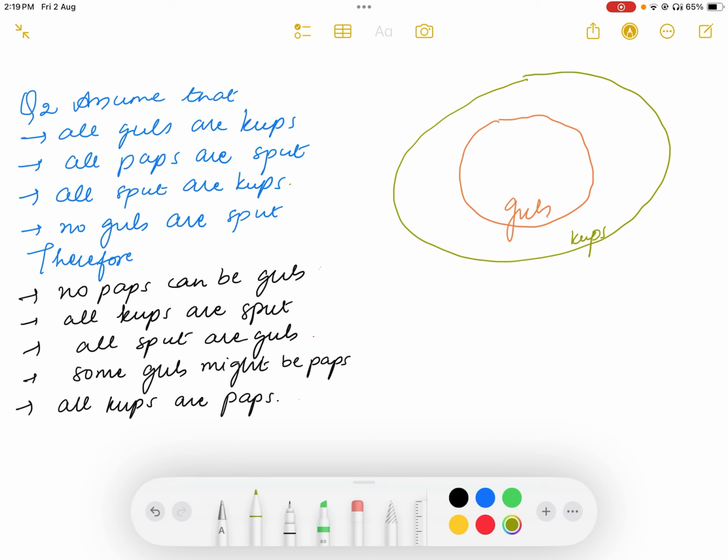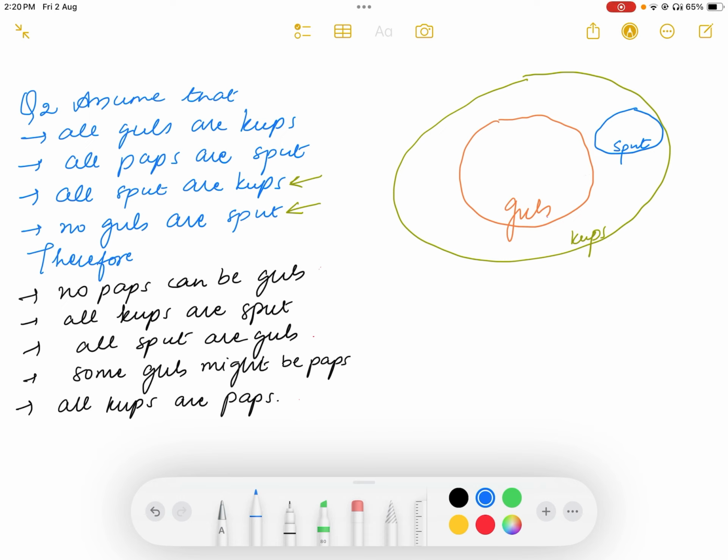No gulls are sput, that means there is no interference between gulls and sput. So sput is going to be an absolutely different set, but within cups only.